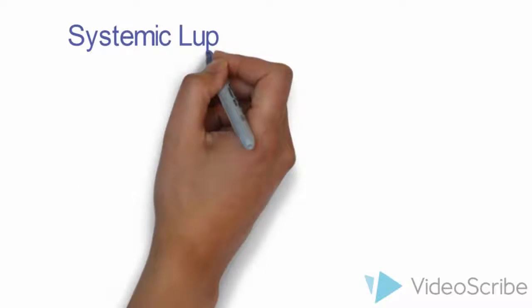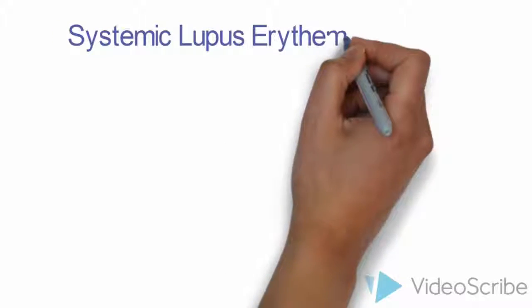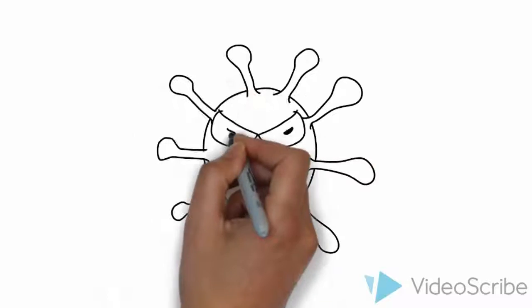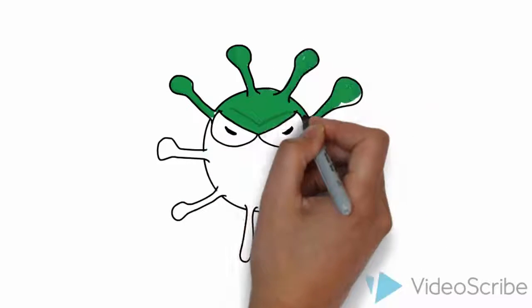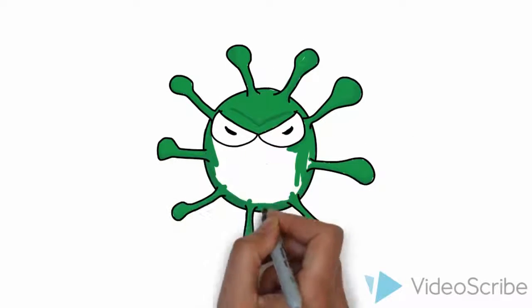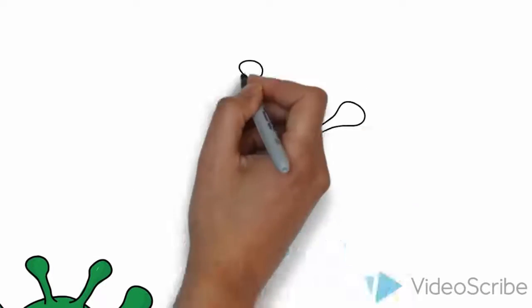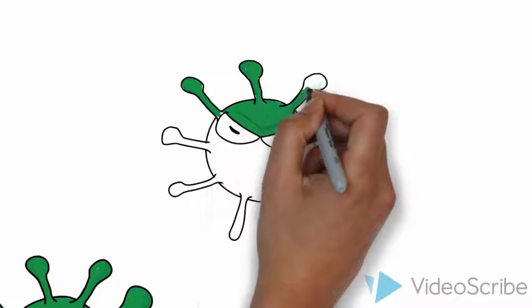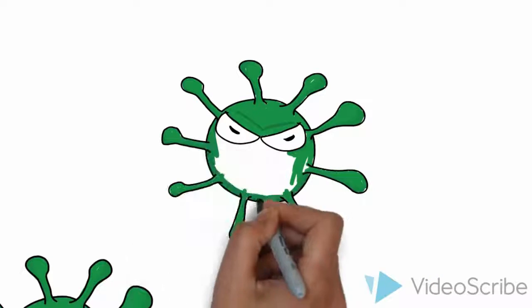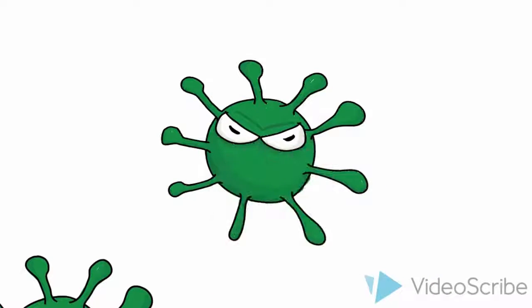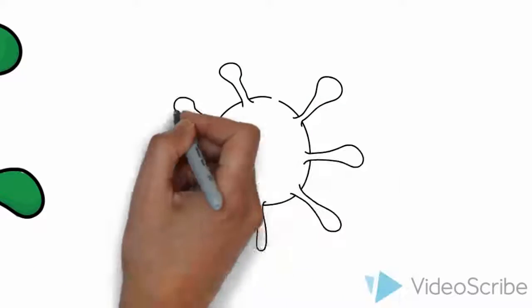Okay, so systemic lupus erythematosus. How does lupus affect the body? So usually our immune system protects the tissues from invaders. So we basically have these three minions or green creatures that represent our immune system.